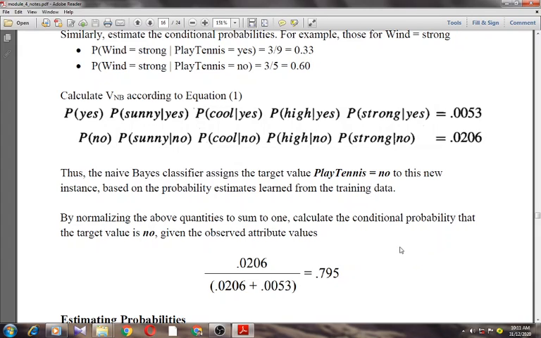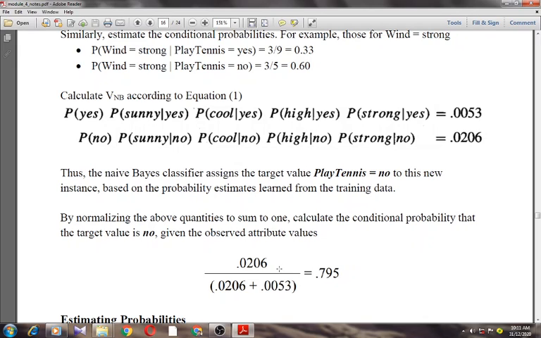Hence, the Naive Bayes classifier assigns the target value PlayTennis equal to no to this new instance based on the probability estimates learned from the training data. Furthermore, by normalizing the above quantities to 1, we can calculate the conditional probability that the target value is no, given the observed attribute values for the current example.